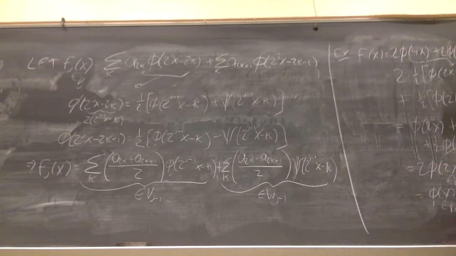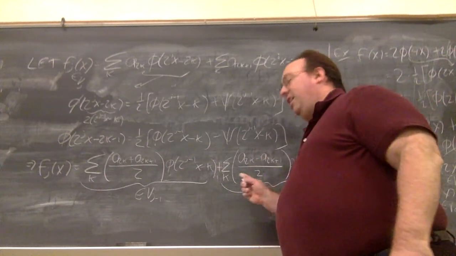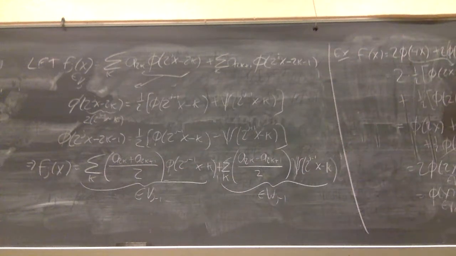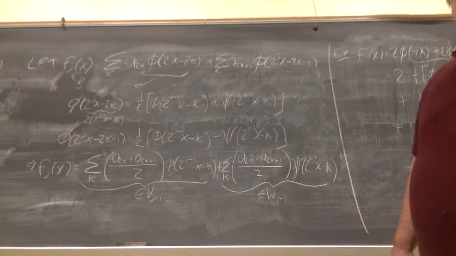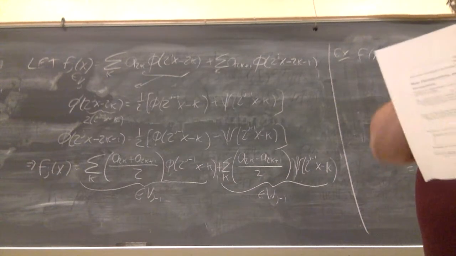Now that takes order n squared operations, but because of a nice structure here, how it's just averaging or taking differences of these coefficients, it could be accomplished in n log n operations. It can be sped up, just like the FFT. I won't get into the detail of that, but I just want to point out that it has been worked out.